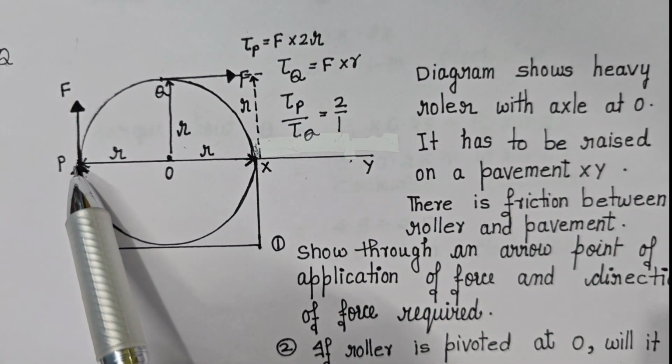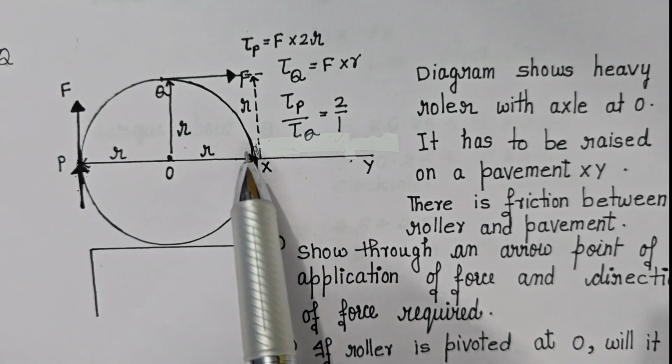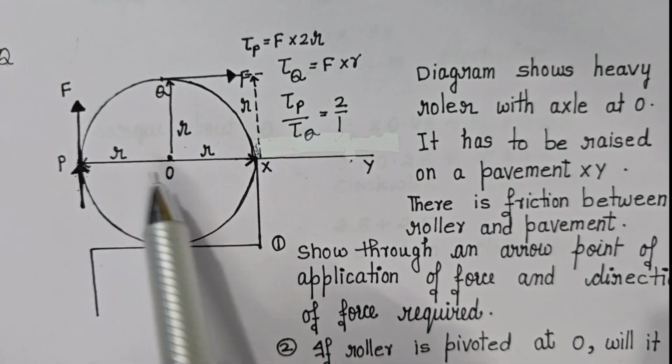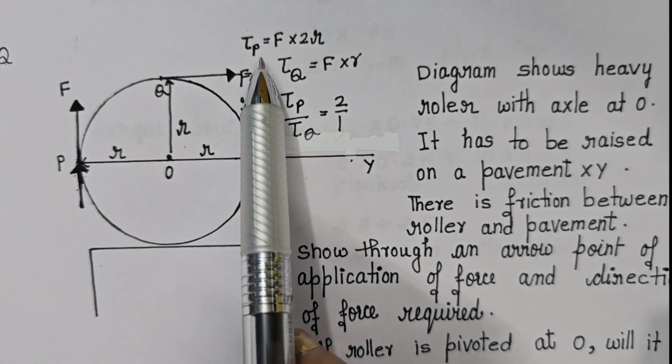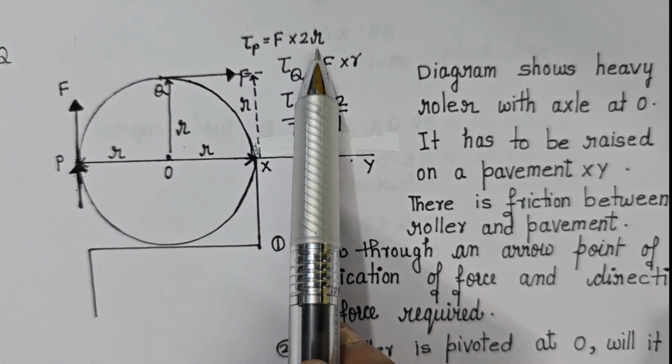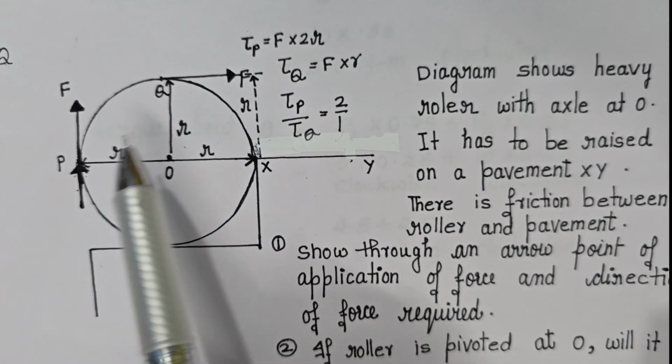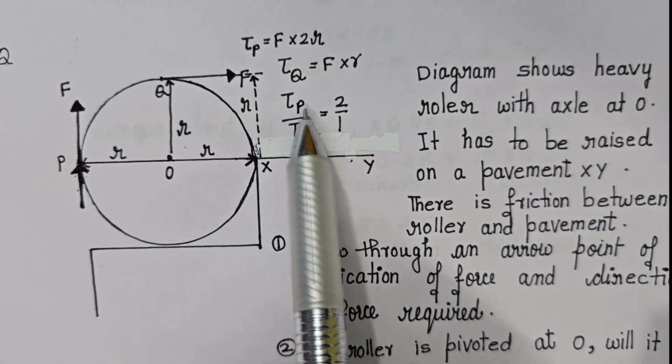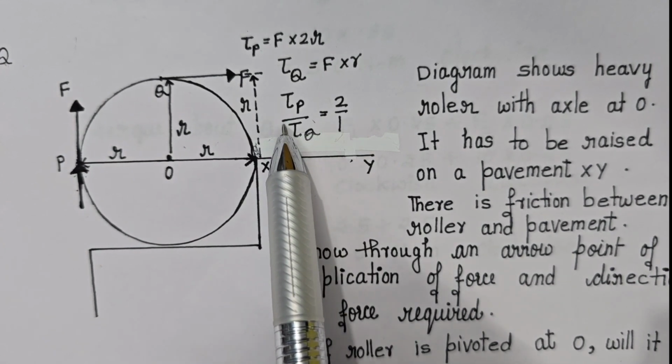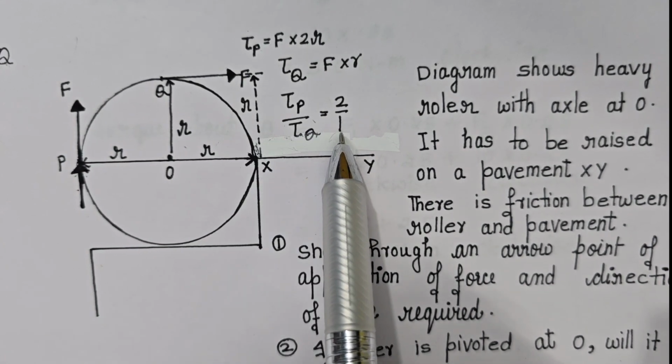But the force which is applied at point P, that force is 2r distance away from the point of rotation. So torque of this force is F into 2r. We can see that torque of the force applied at P is twice the torque of the force applied at point Q.